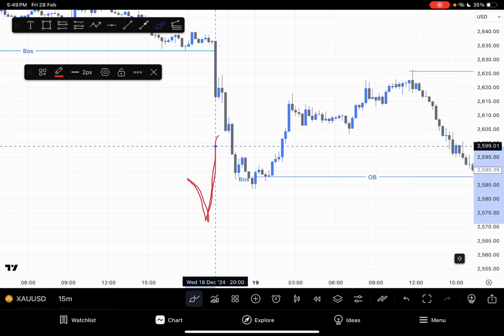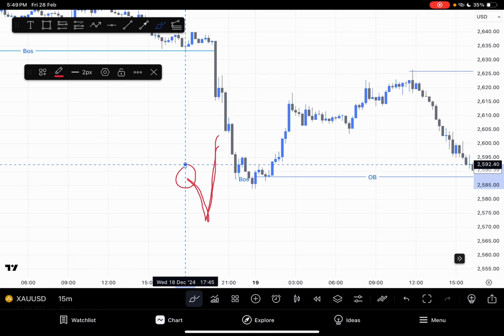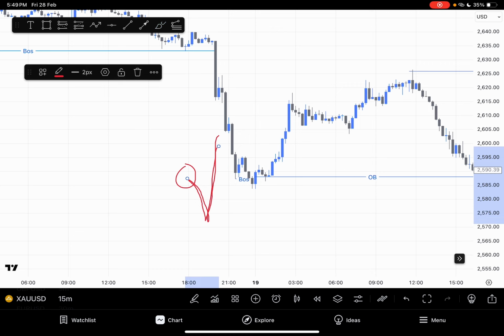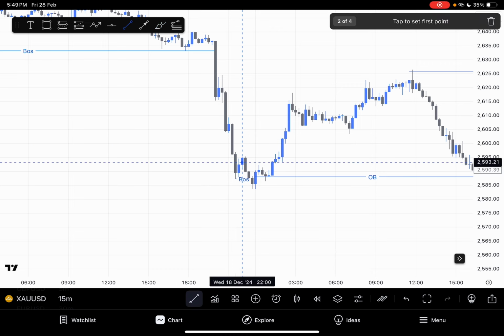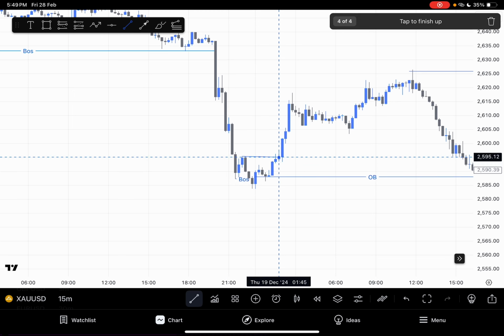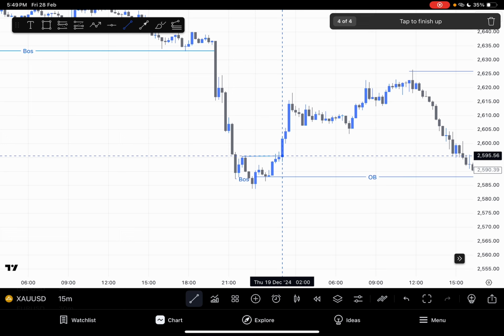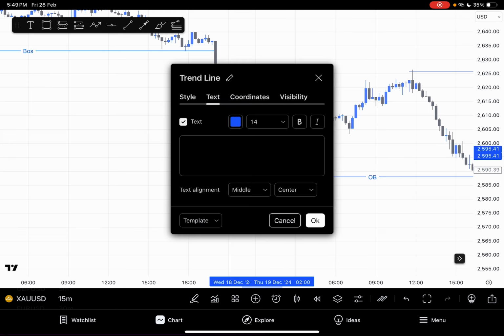Then the movement breaking above the region where that caused that curve, that's a market structure shift. That's why you see price now broke above this point, creating a market structure shift at this point here after the break of structure. So that's a market structure shift.